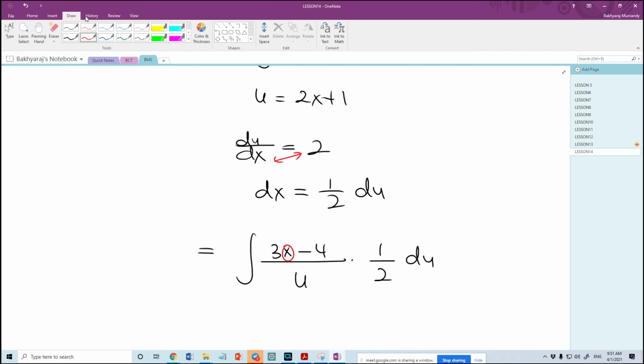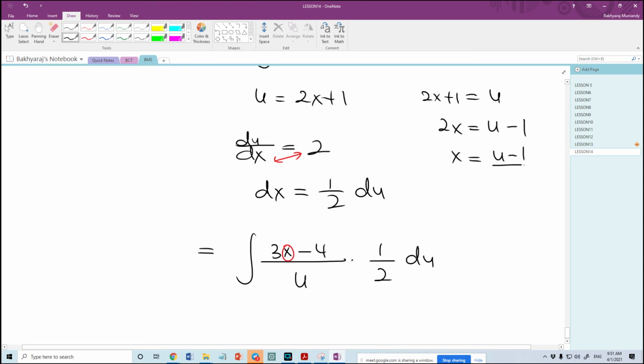Again we need to refer to your u. What is our u? U is actually 2x plus 1, so 2x plus 1 equals u, so 2x will be u minus 1, and x will be u minus 1 over 2. We need to manipulate so that the x is replaced by the u.